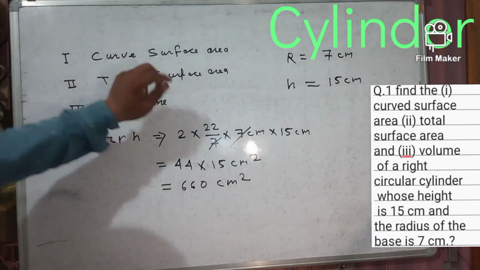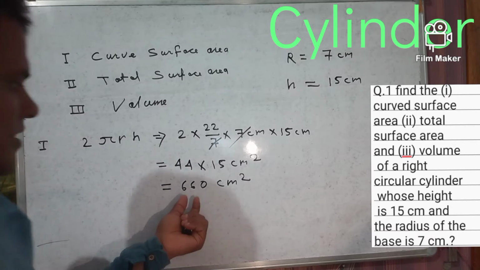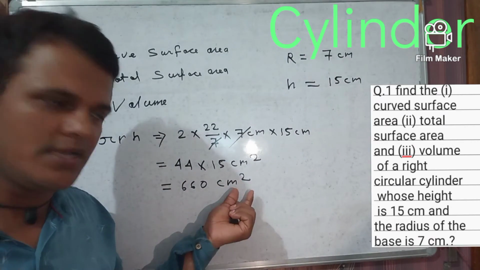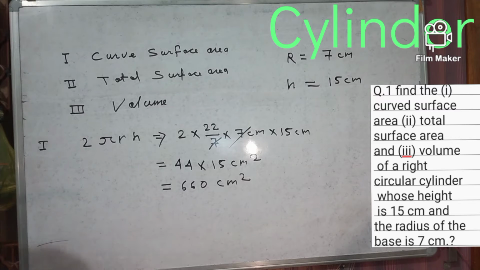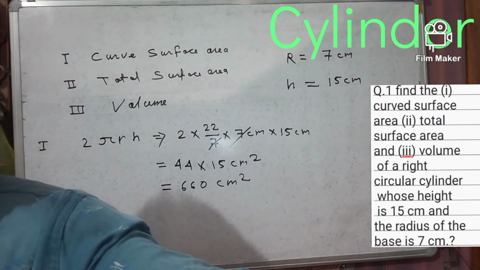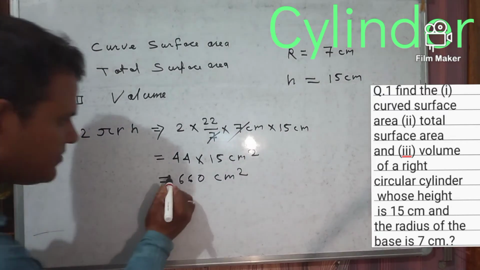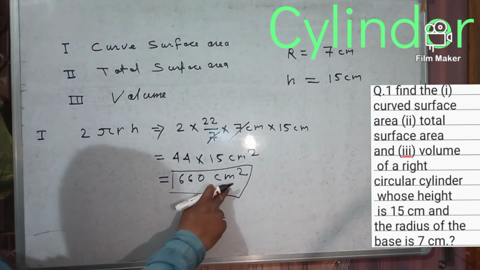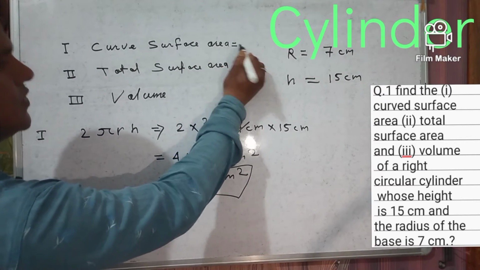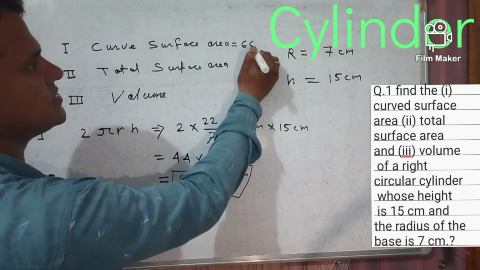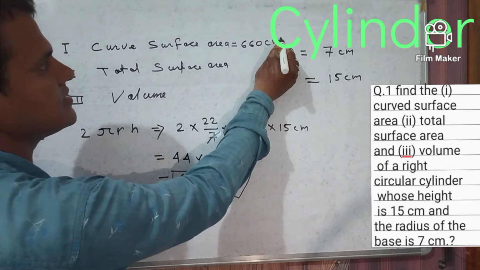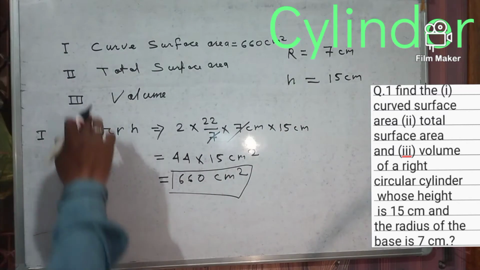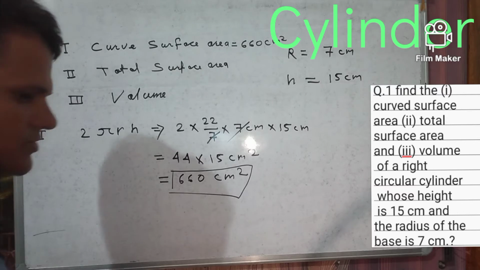So curved surface area is equal to 660 centimeter square. Now total surface area. Curved surface area is equal to 660 centimeter square, right? So write here 660 centimeter square.